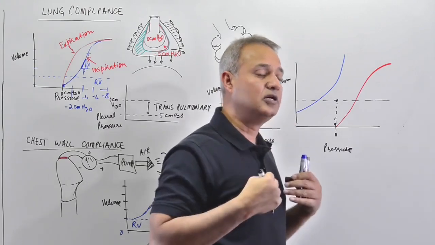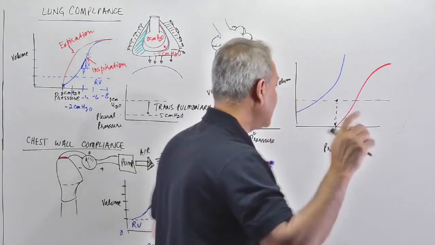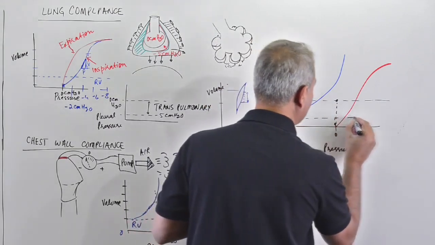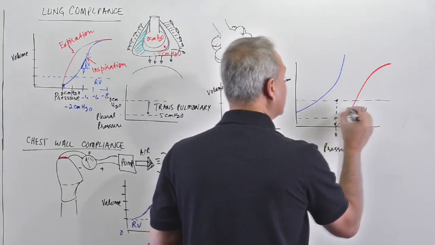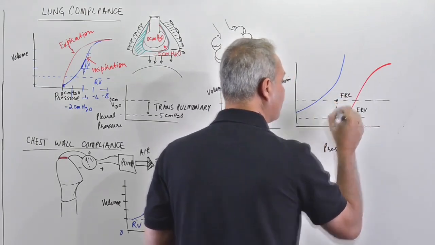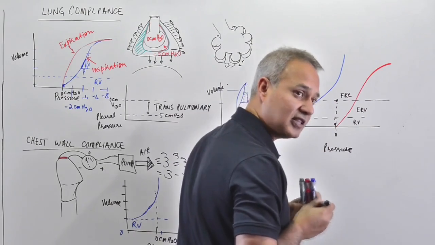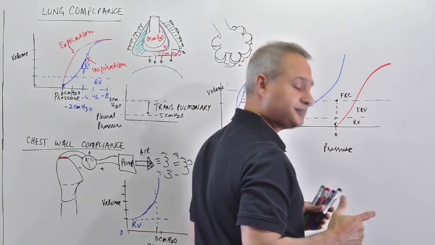And there is some volume present in the lungs at this time. That volume is a combination of residual volume plus expiratory reserve volume, or it is called FRC, functional residual capacity. We have done that in our lecture before. This is that point, FRC.